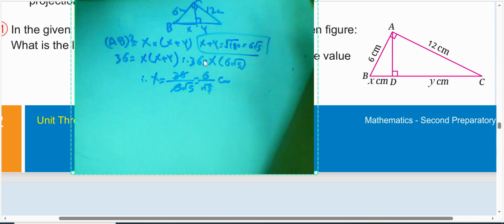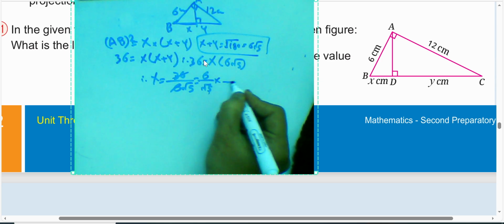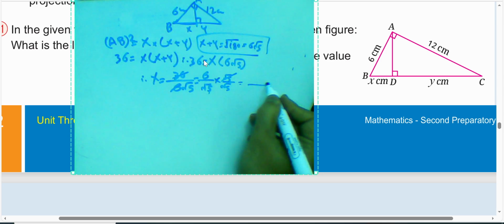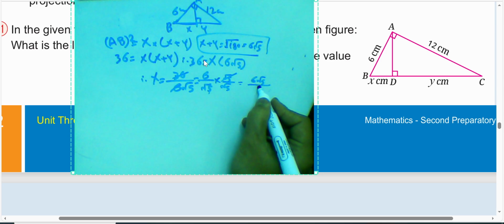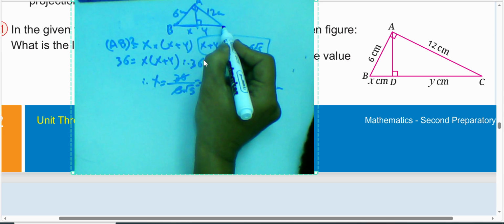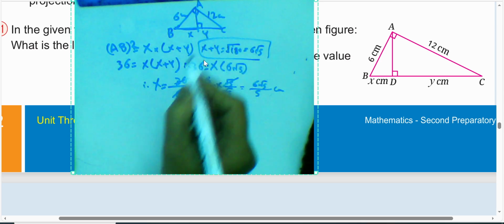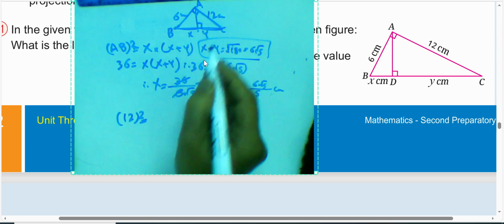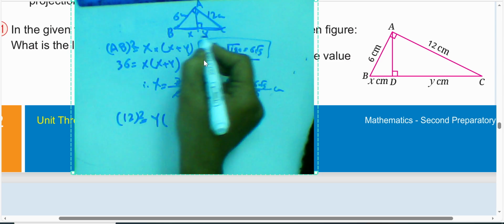Okay, you can simplify by multiplying root 5 in numerator and denominator, but we don't need to, okay? Because we have 6 root 5 over 5 centimeters. It's x. And what about y? Here we have EC power 2, 12 power 2. This line segment power 2 equals the conjugate y times the sum of x plus y.